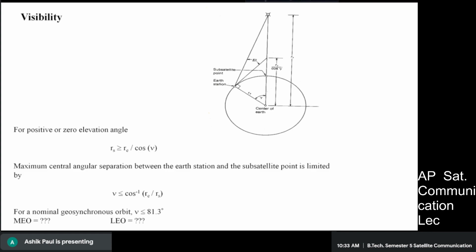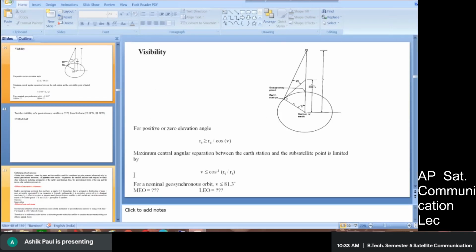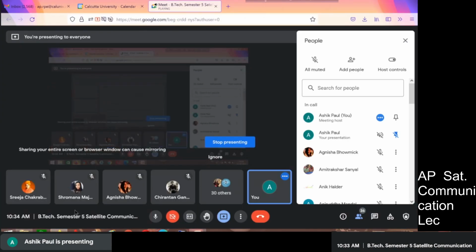We cannot receive reliable radio signals when the satellites are below the horizon. So that condition has to be consolidated into a mathematical relationship, and that mathematical relationship is governed by the visibility condition. I think we will go to this particular topic in the next class, and we will stop here for today.